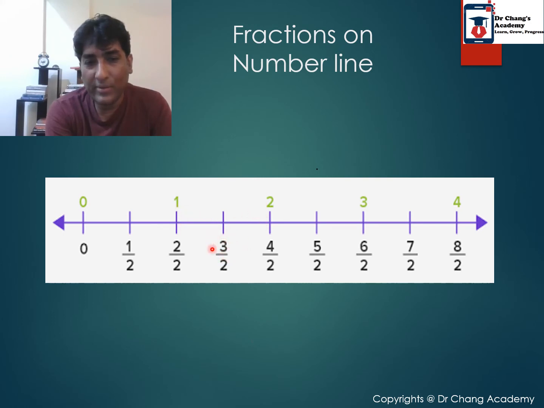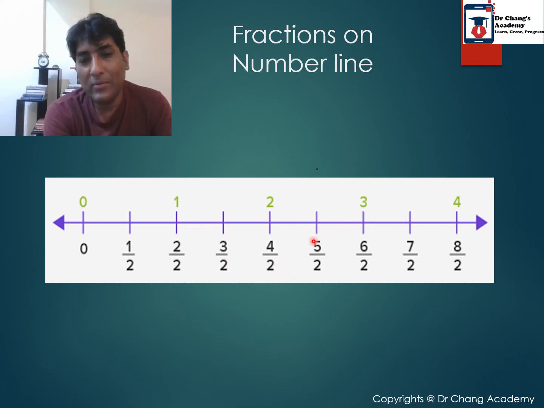So in this case, for example, 3 halves. 3 halves is greater than 1 because 2 halves make 1. So 3 halves is more than 1, but it is less than 2. So 2 is 4 halves.